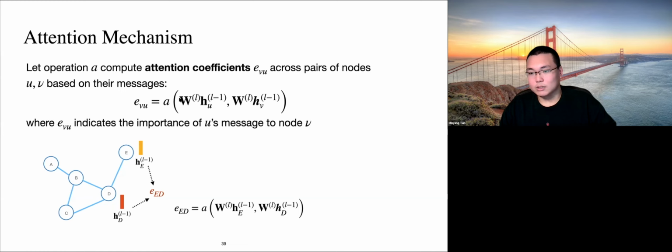We pass both of them into our attention mechanism to get e_vu, which gives us the importance of u's message to node v. And here's an example of how it works. If we want to know, for the node E, how its neighbors contribute to it, it's e_ED, over its neighborhood E and itself D.